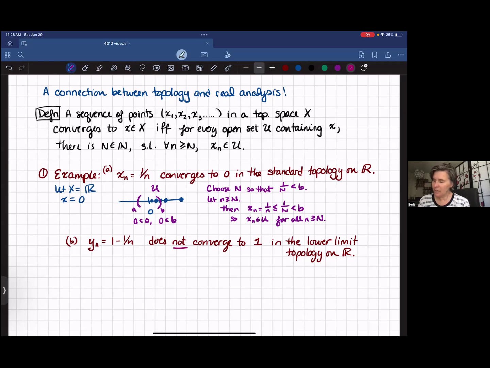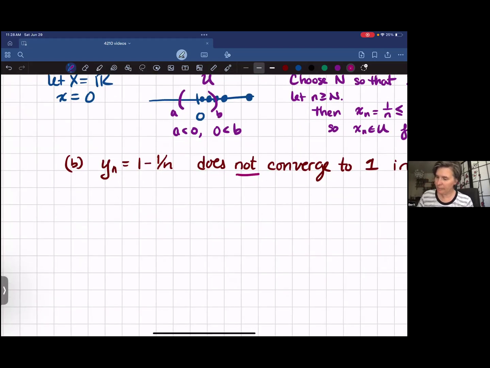Looking at the definition, to show that it doesn't converge, I can use something like De Morgan's laws. The statement says it converges if for every open set, there is a capital N such that for all little n, and so on. So what we must show is the negation of that.